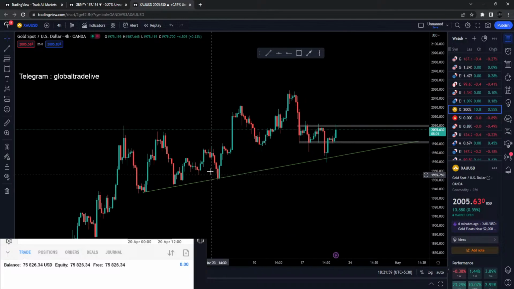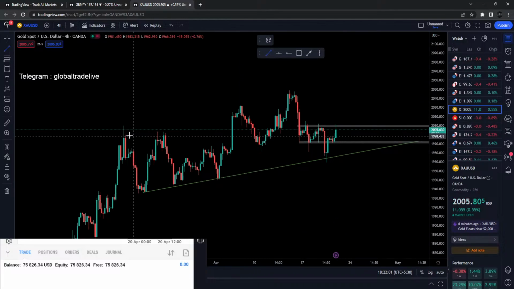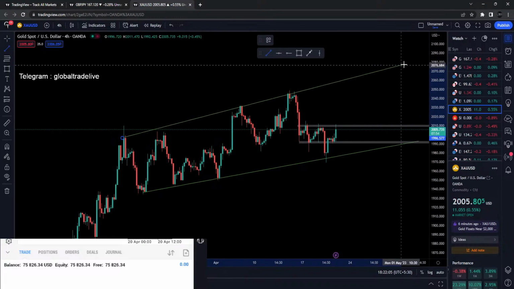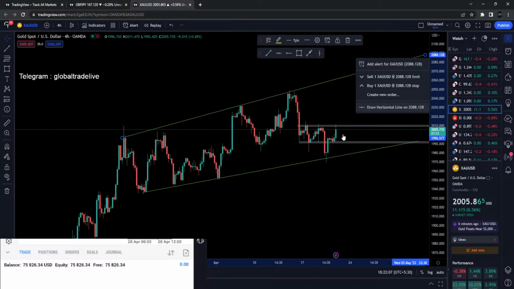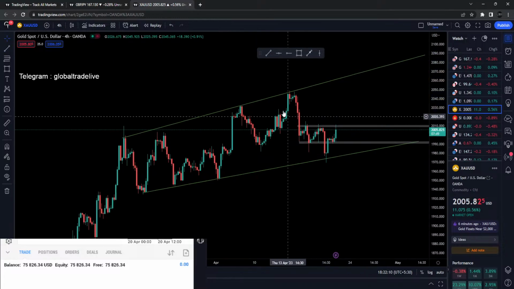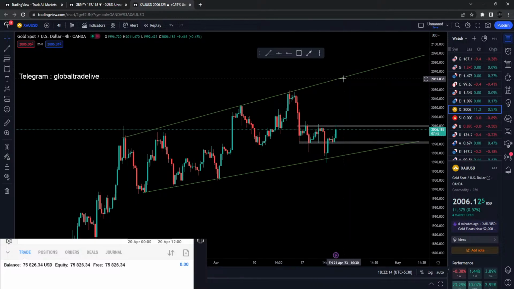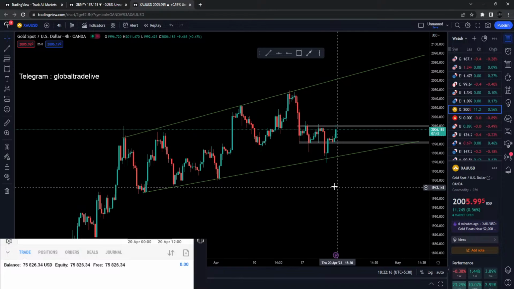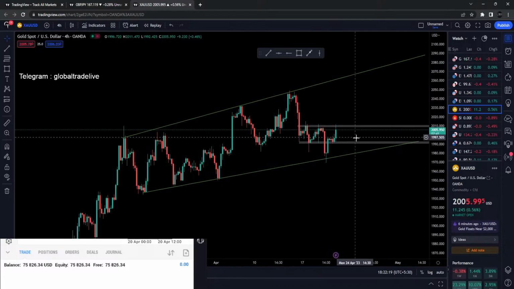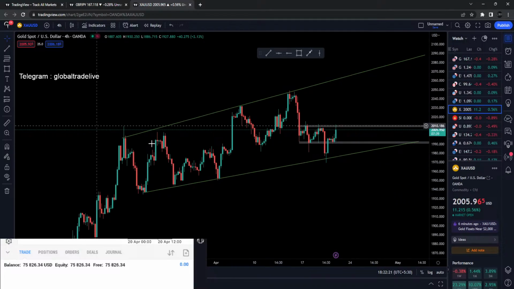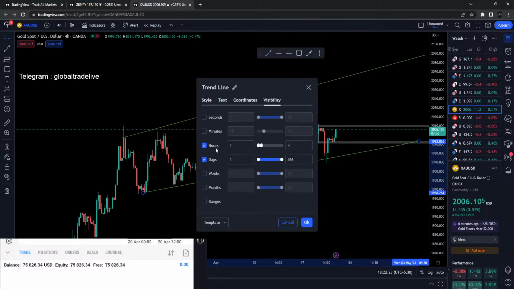There is a lower trend line, and then we have this upper trend line over here as well. So now we know that the market is moving inside a channel. From here the market can possibly go to the upper trend line. And if I draw some internal trend lines, I'm going to draw them in the lower time frames. I need this to be visible in the 4-hour only.